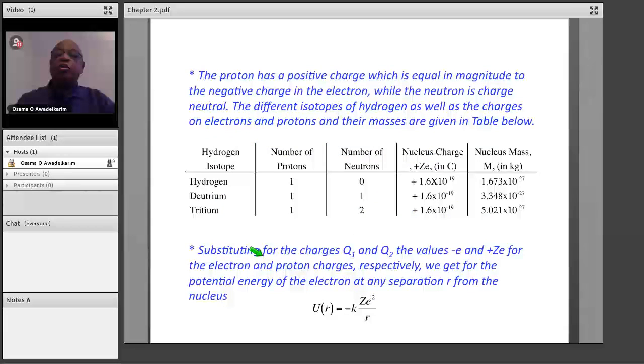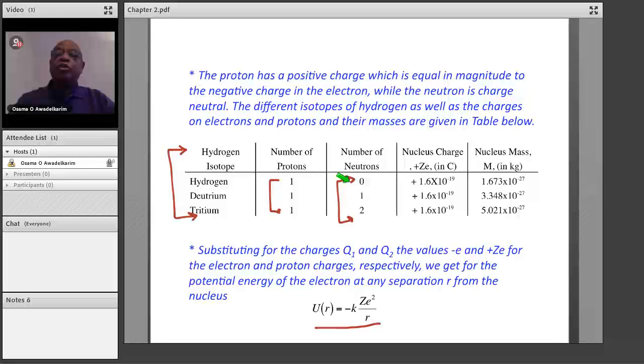Here are the different isotopes of hydrogen, depending on variable numbers of neutrons in the nucleus. Always there is one proton in the nucleus, but we have different numbers of neutrons. The number of neutrons does not affect the Coulombic force because neutrons are neutral.